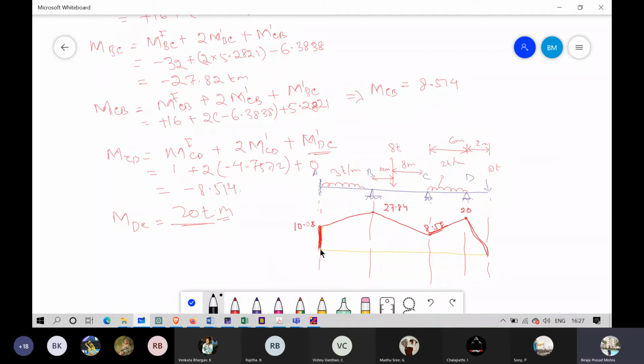Let's use black ink. This is 24, the maximum one. Then here it will be a triangular pattern, so it is 48, and here it is 9.